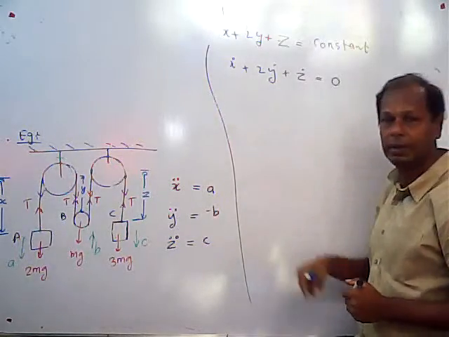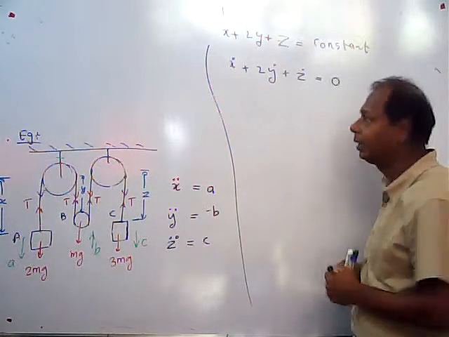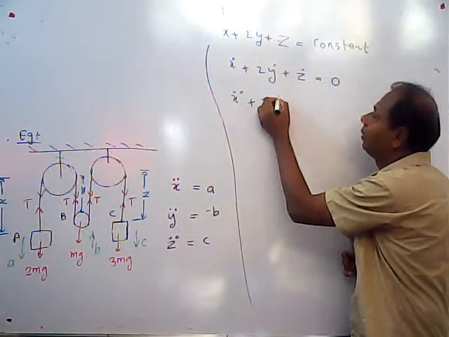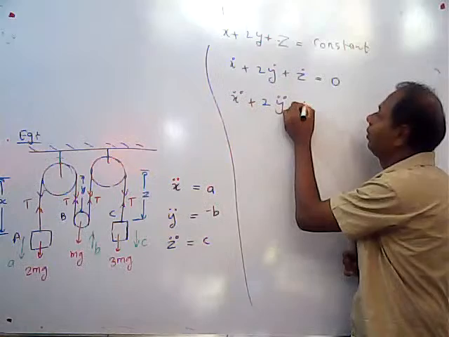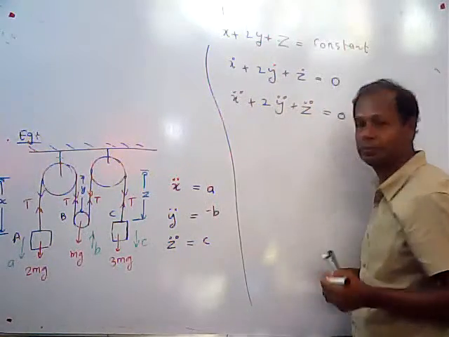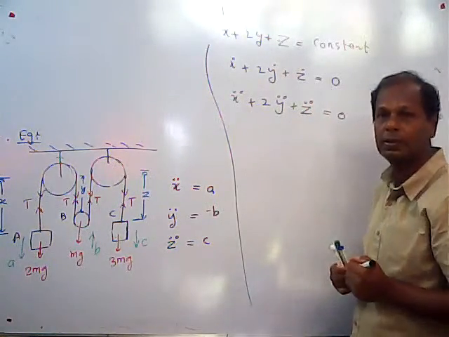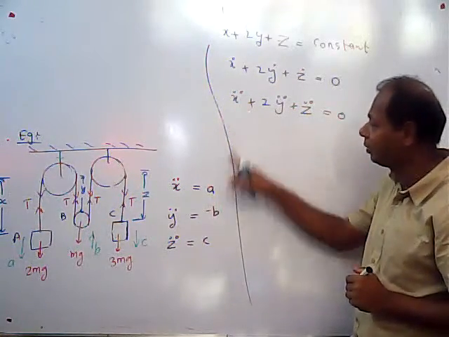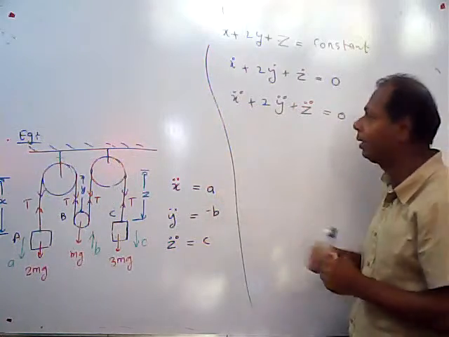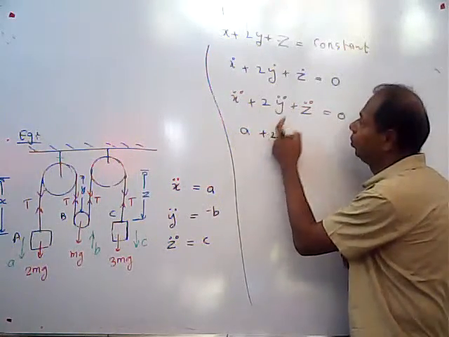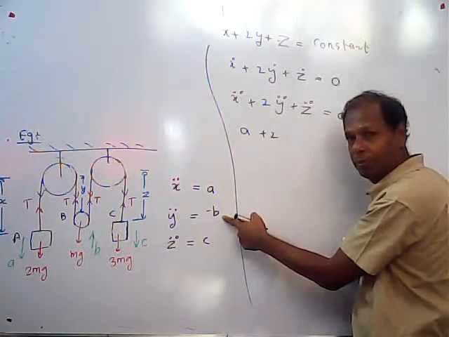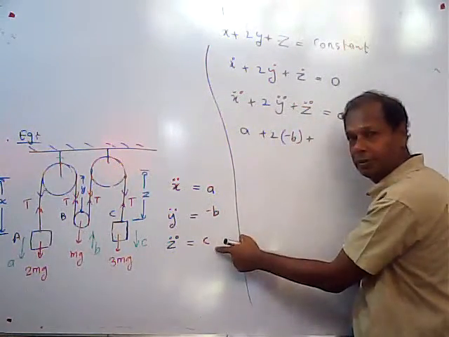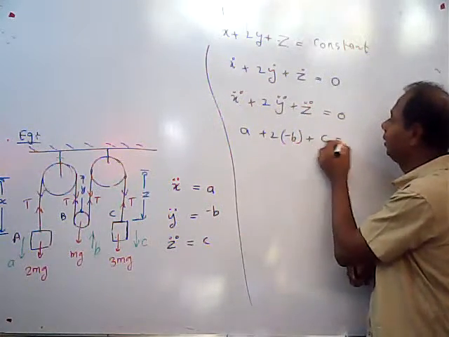Then I differentiate it again. x double dot plus 2y double dot plus z double dot equals 0. That is, a plus 2 times minus b plus c equals 0.